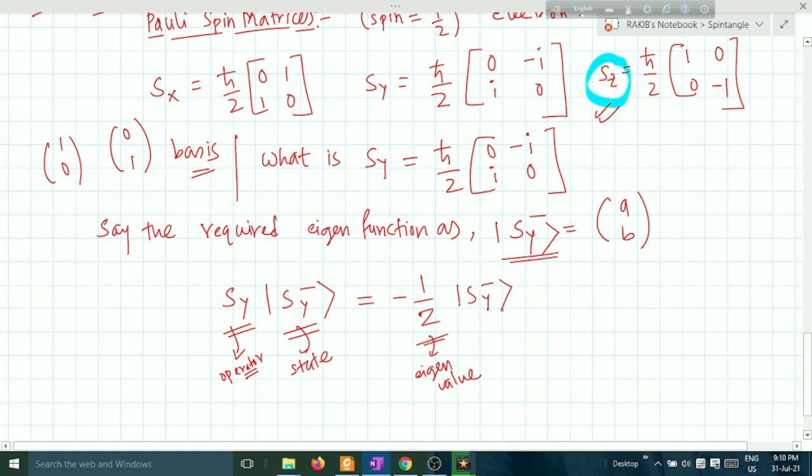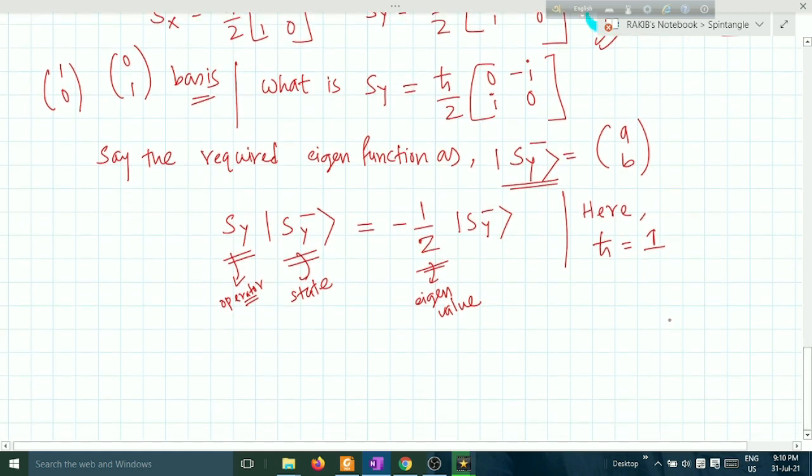What is the state? Sy minus. Here, for simplicity, they have taken h cut equal to 1. H cut is not equal to 1, but they have taken it for simplicity.